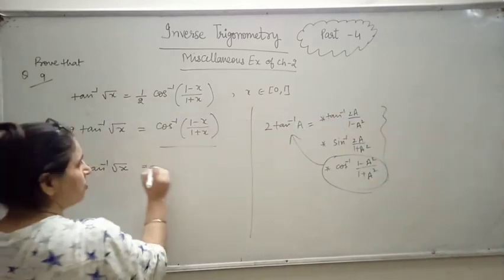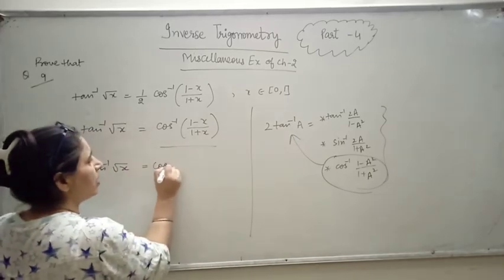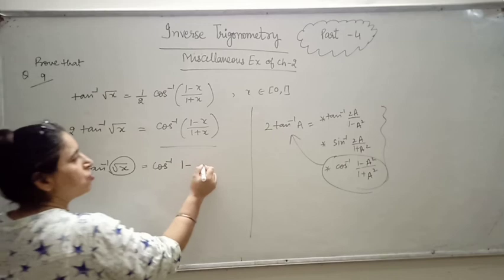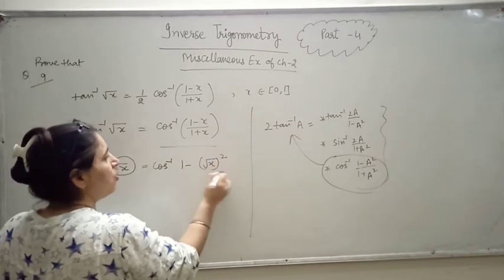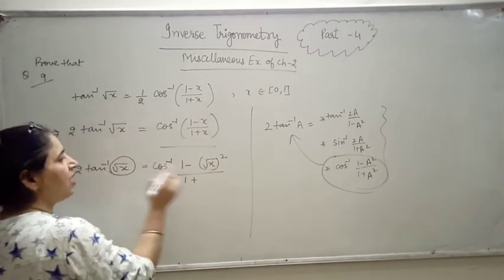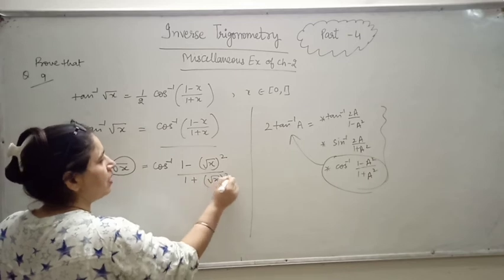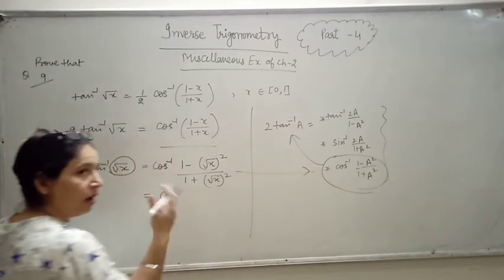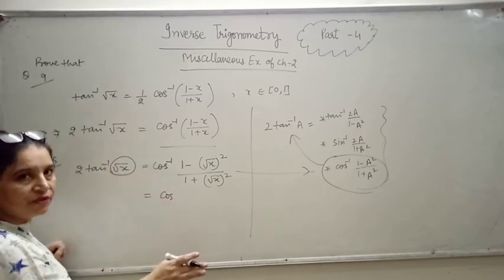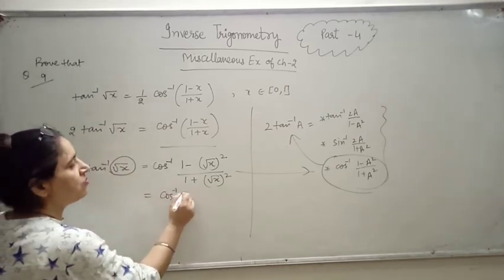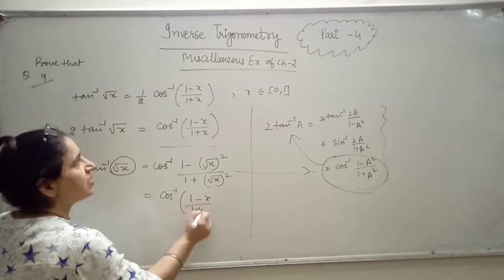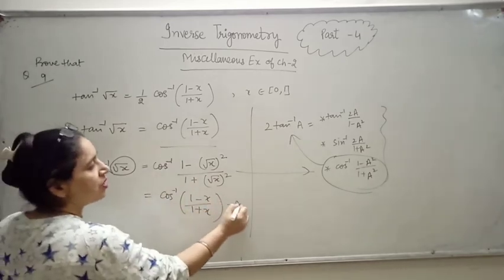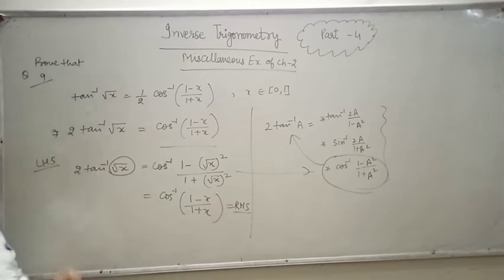So this is equal to cos inverse of 1 minus a, where a is my root x, square, upon 1 plus root x square. So it would become, and don't forget to write this formula as a supportive reason, cos inverse of (1 minus x) upon (1 plus x), and that is equal to your right hand side. So this is equal to your right hand side, hence it is done.